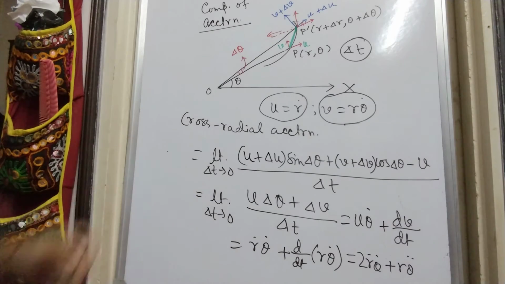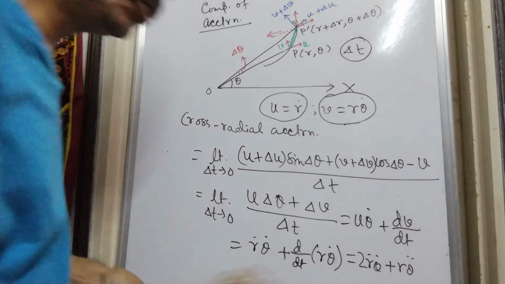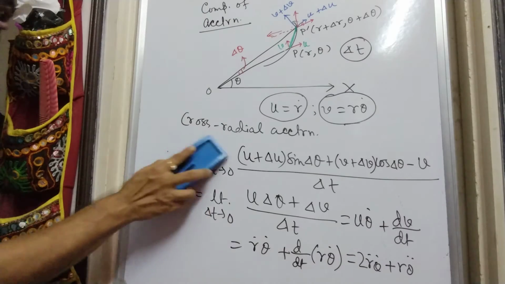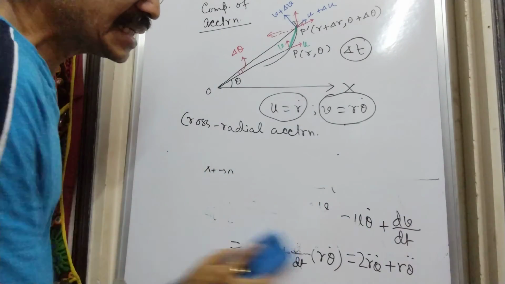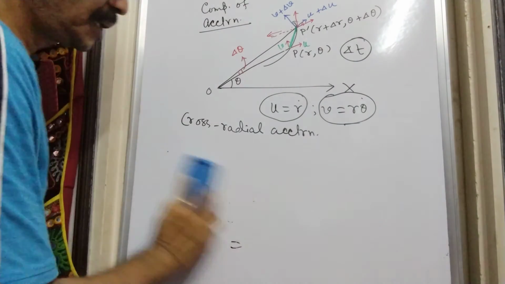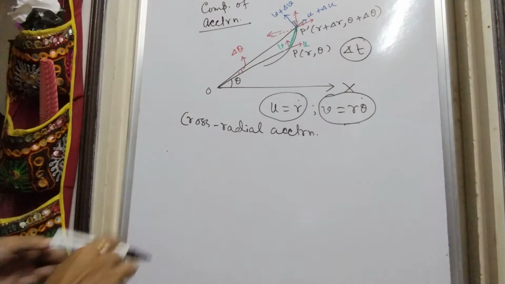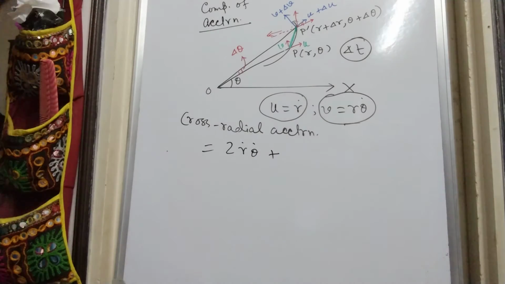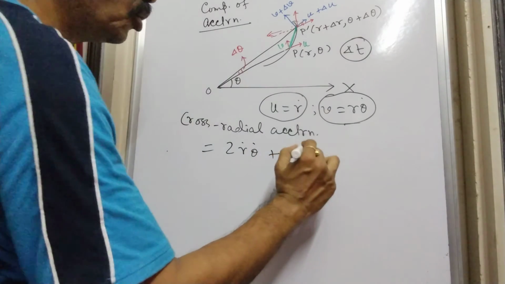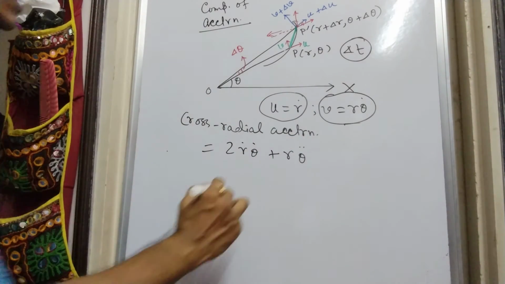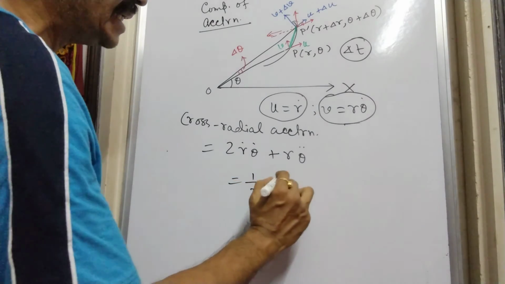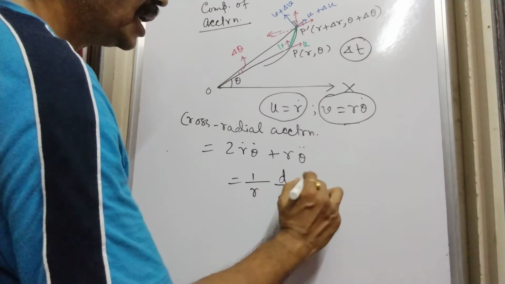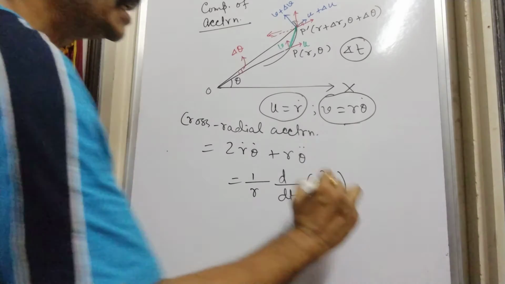Now a word about cross radial acceleration. Although the amount comes out to be 2r dot theta dot plus r theta double dot, we intend to express it as 1 by r d dt of r square theta dot for a special reason.